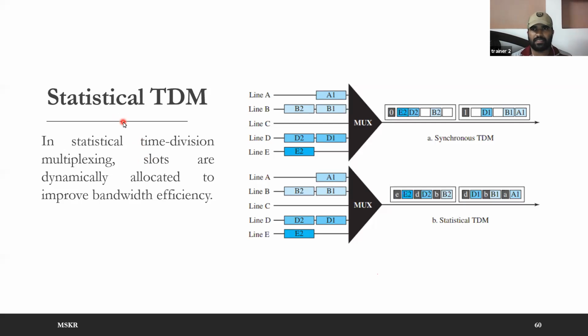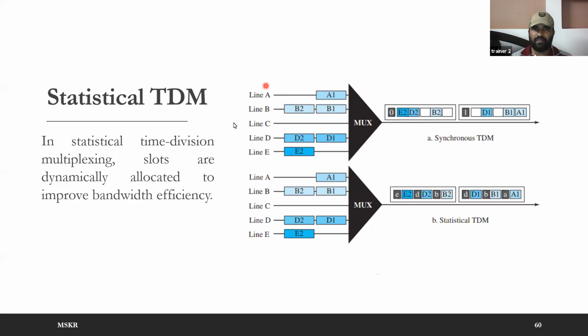Okay, so statistical TDM, as I explained in yesterday's class, is designed to overcome the drawbacks of synchronous TDM. As you can see on this diagram, the top diagram, synchronous TDM. In synchronous TDM, every frame contains n slots, where n stands for the number of users that are sharing the medium.